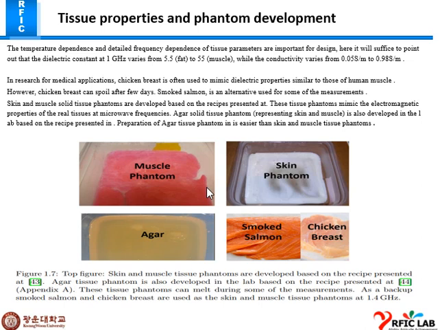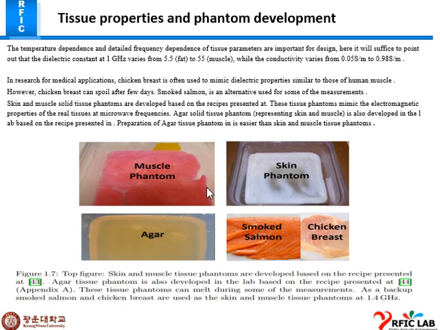Chicken breast is often used to make the dielectric properties similar to those of human muscle. Chicken breast can spoil after a few days. Salmon is used as an alternative for some of the measurements.